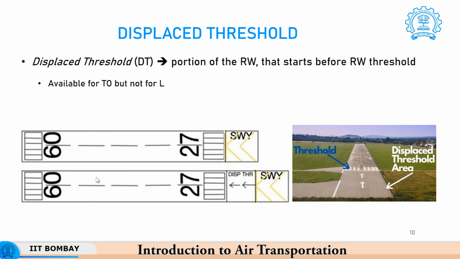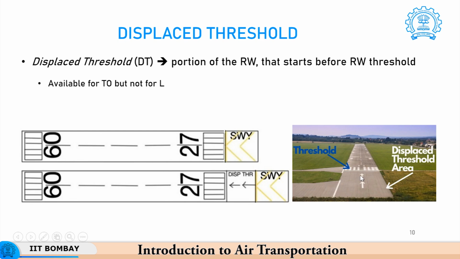So, when you want to land from this end of the runway, you can actually bring your aircraft here and then use this distance also for your takeoff, because it is classified for, or it is approved for aircraft rolling as well as aircraft impact at landing, but not for landing.